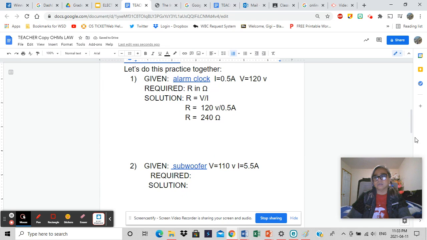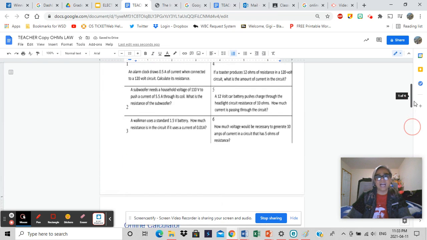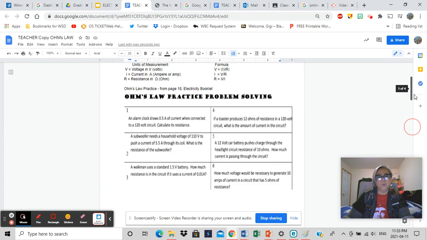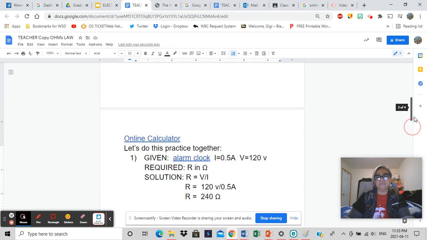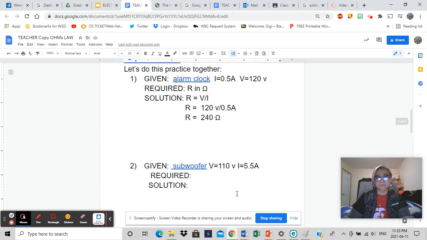And of course, the remaining variable is R. So what is the resistance? Resistance again in omega or ohm.